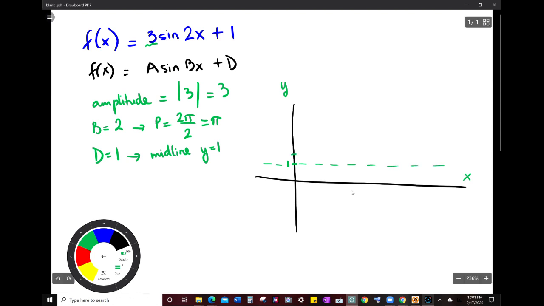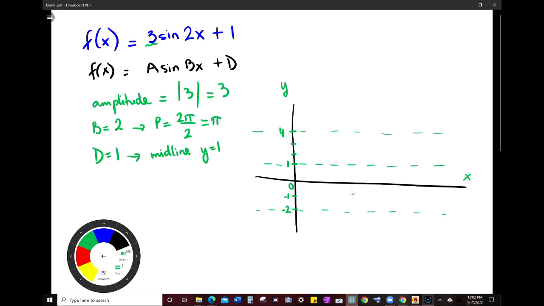So 2, 3, 4. And from the midline, you go down 3. So 0, -1, and -2. Okay. So that will be your maximum point and your minimum point. Usually I also draw a line since I know that my sine wave cannot bounce farther than 4 or -2.